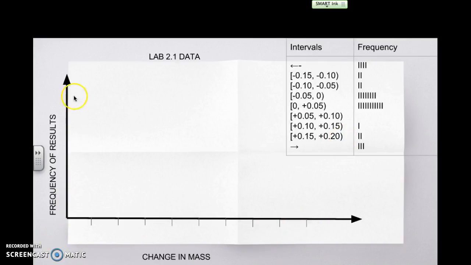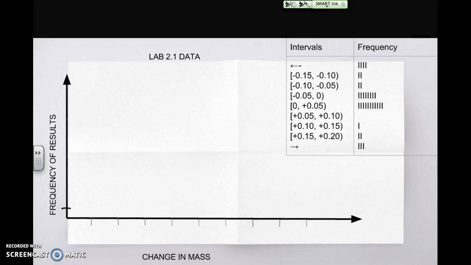Okay, our highest one here is 11, so we're going to go ahead and tally that for us. Again, that needs to be even as well. Okay, and then you just simply write in your intervals.